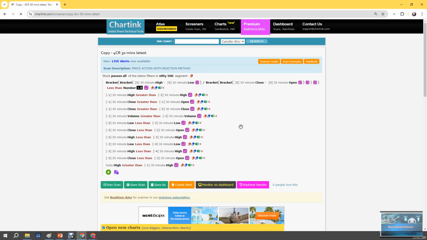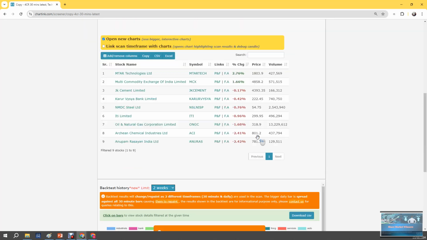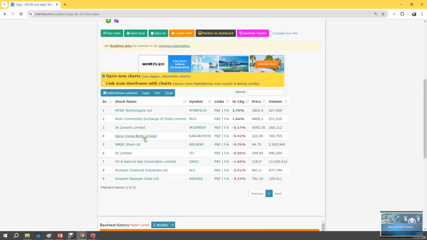Those customizations you can run, and you can change what conditions you want to choose, like 30 minutes high is greater. If you are well versed in how to set this up, you will be able to run this. This is for daily, so that's why the time frames are in 30 minutes or something like that. Then it will give you your stocks for the intraday sessions.